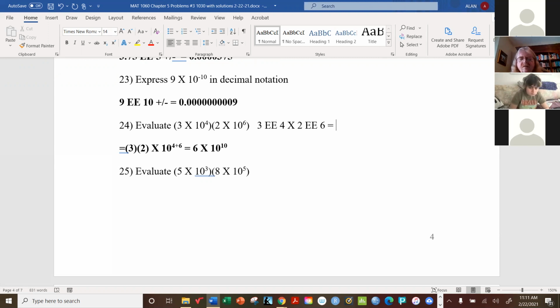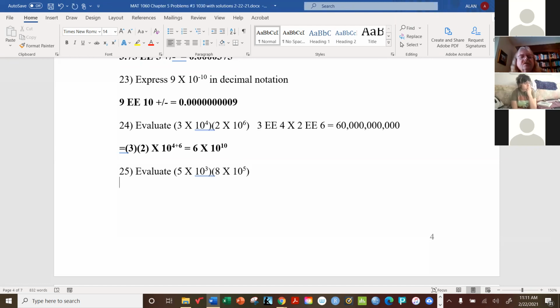Okay, oh, I see what the problem is. It works, but it's going to give you the actual number, which you then need to turn back into scientific notation anyway. So it's not as helpful as it looks. But you can do that if you want to, just to get an idea of what it's supposed to look like.